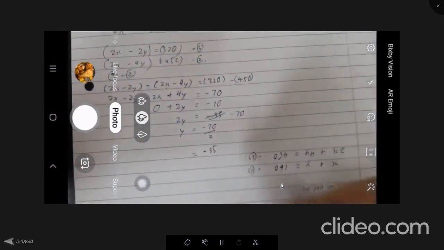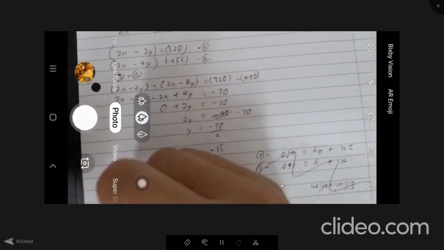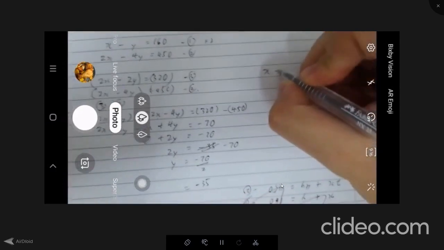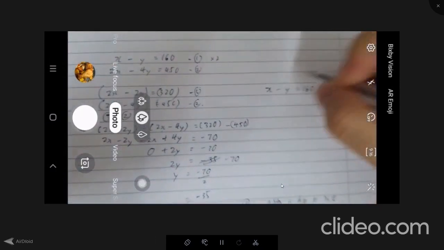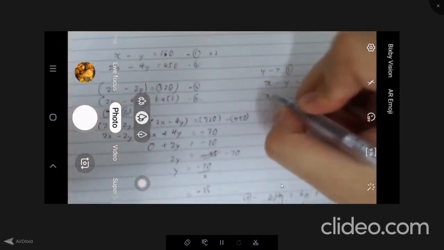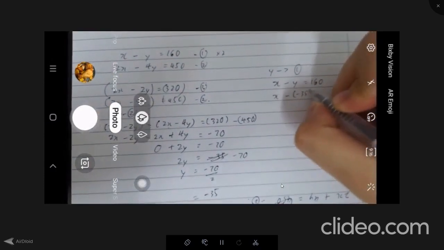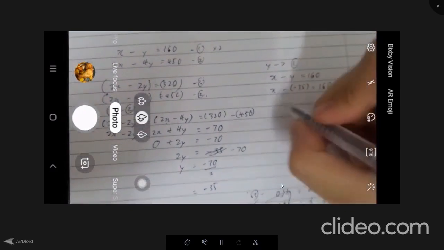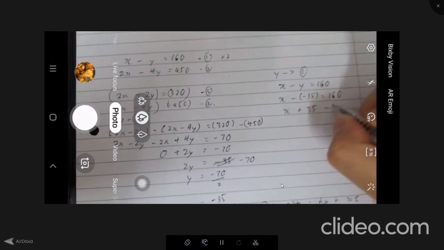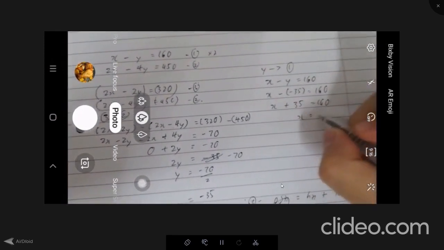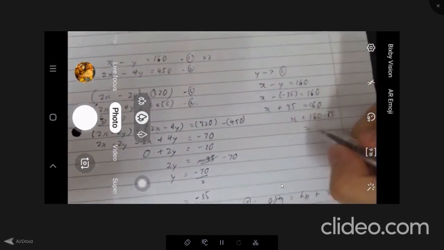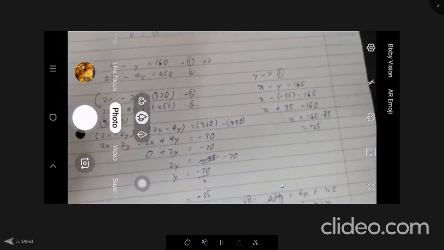And then after that you do the same thing. So we find x. We put into x minus y equals 160, putting y into equation 1. So what is y? Negative 35. So x plus 35 equals 160. x equals 160 minus 35. You get 125.